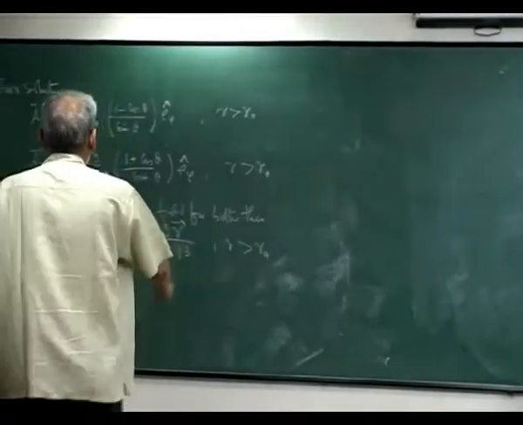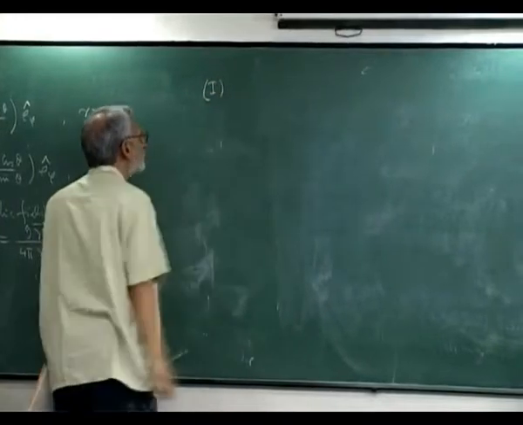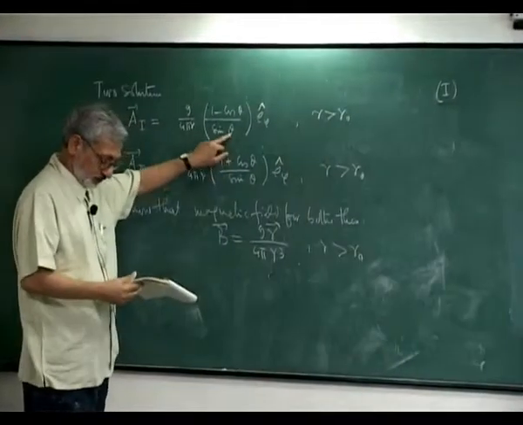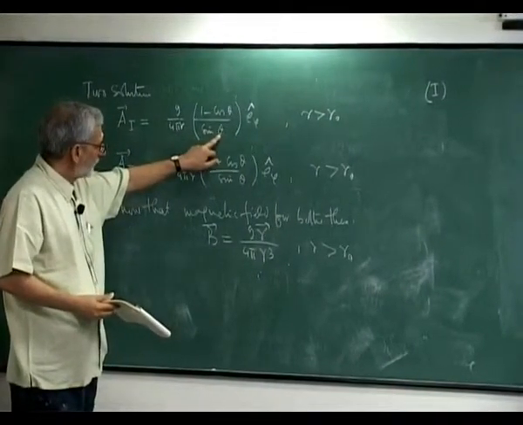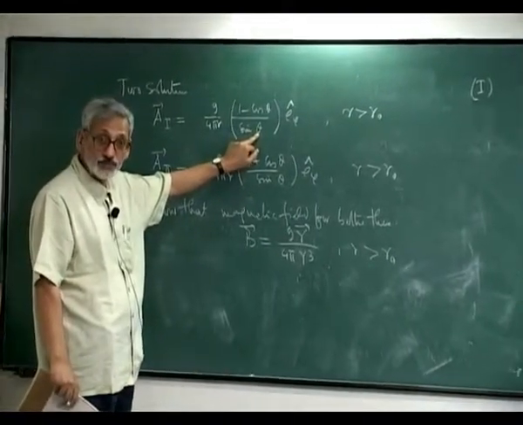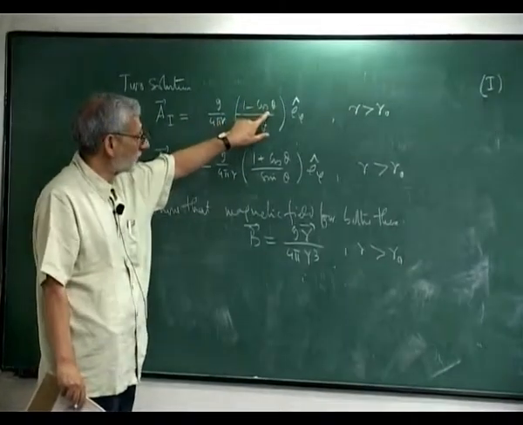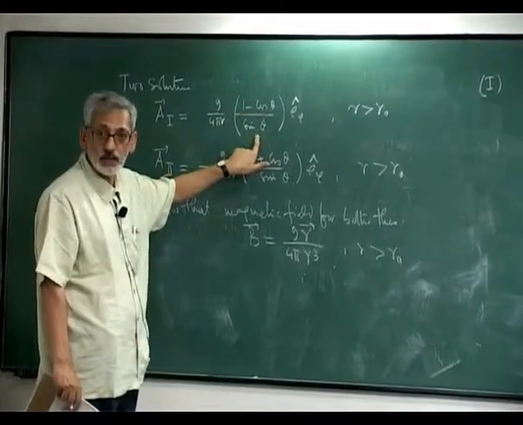Look at this solution, solution 1. Theta equal to pi: 1 minus cosine theta, cosine pi is minus 1, so it's 2 by 0.